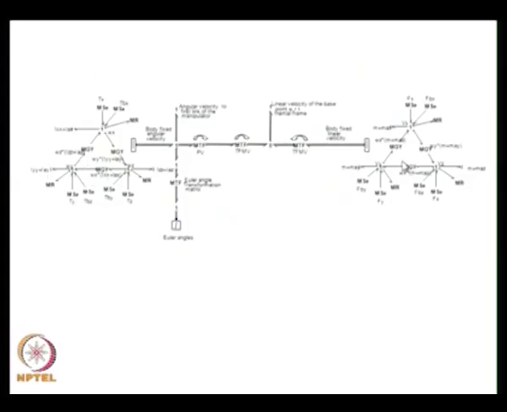Some of the elements are not familiar to you, like these are all vector bonds because we have a 3-dimensional representation, or they have 6 degrees of freedom motion for the robots. So we need to represent parameters like angular velocity and linear velocity in 3 directions. If you want to represent that, we need to go for vector bonds, and if you use vector bonds you will be getting this kind of Bondgraph for the robots, and we can simulate it also and find out what the responses will be.